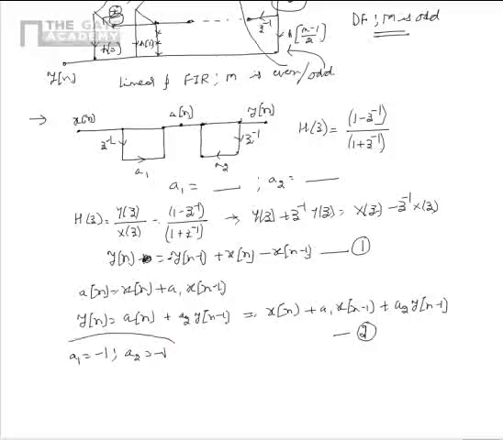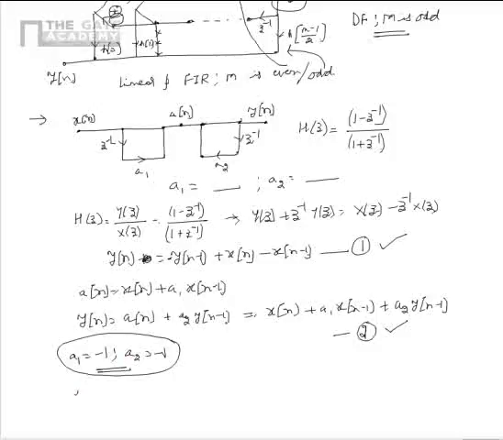So here we have got the LCCDE corresponding to the system function. Then we got the LCCDE that corresponds to the filter structure. Based on that, we found that A1 is equal to minus 1 and A2 is equal to minus 1.